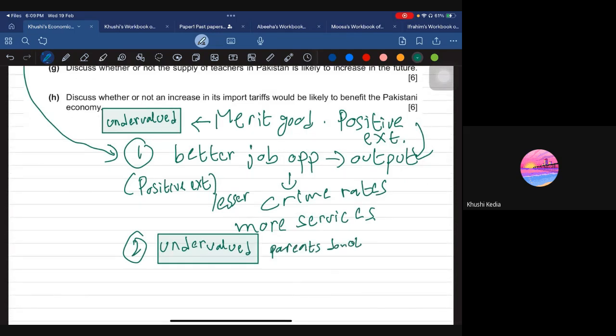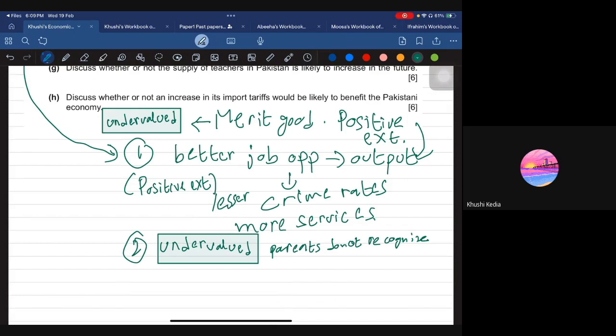The question was technical in a way that you could say, okay, fine, we are talking about merit good, so we can say that education is a merit good because it provides job opportunities, more output, less crime rate, more services. All of this comes under the characteristic of positive externality being shown with the merit good. And that is one of the characteristics of merit good.